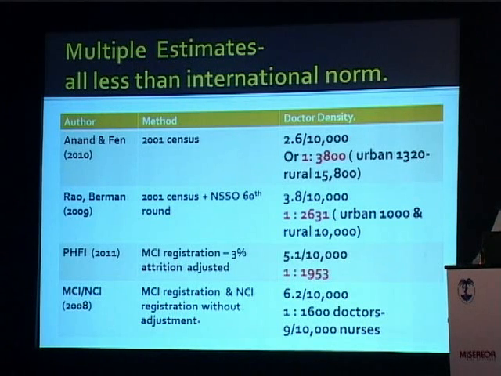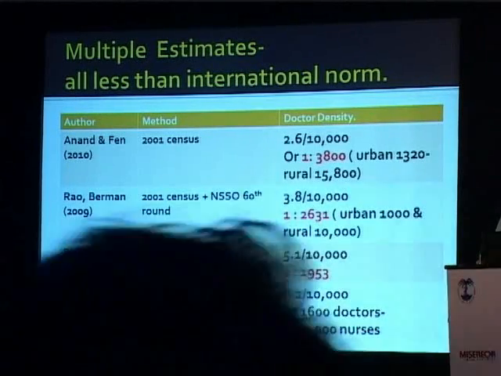Now, one more word on the numbers. This was a part of a poster presentation yesterday also. There seem to be a number of estimates going, and I am going to refer to these estimates when we are looking at this again.